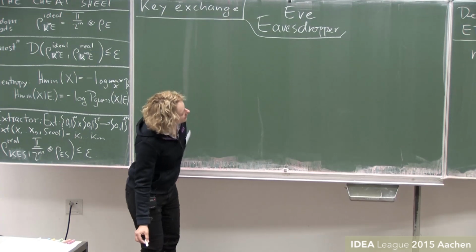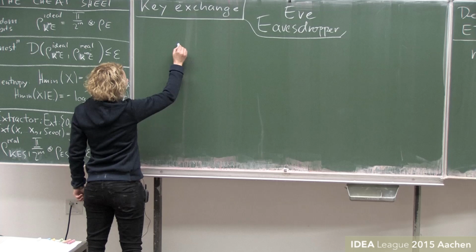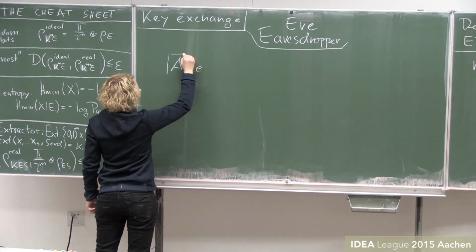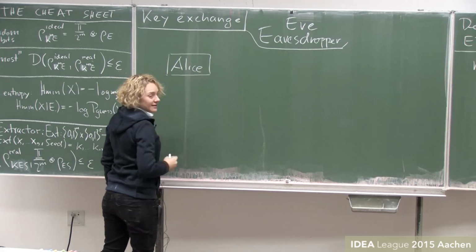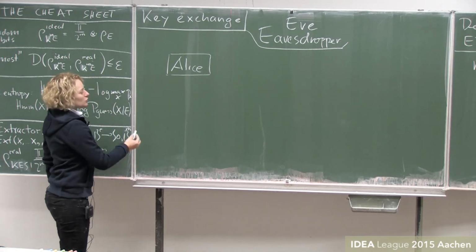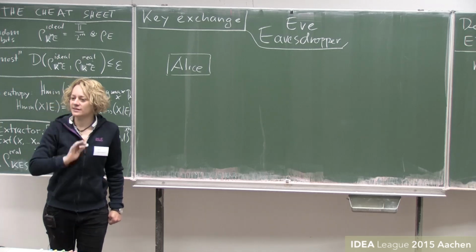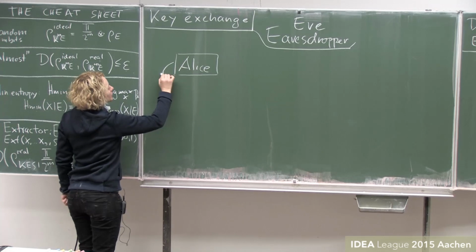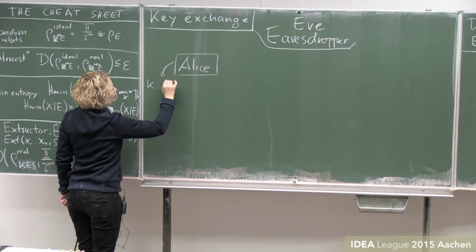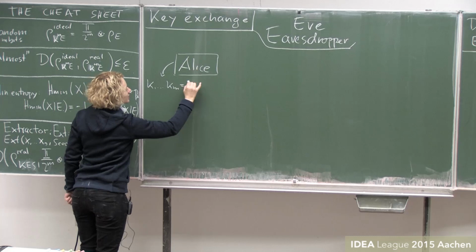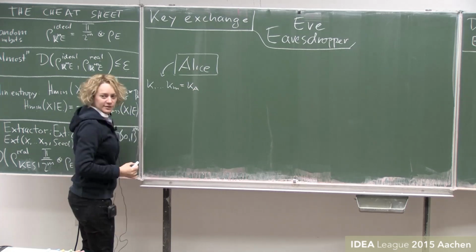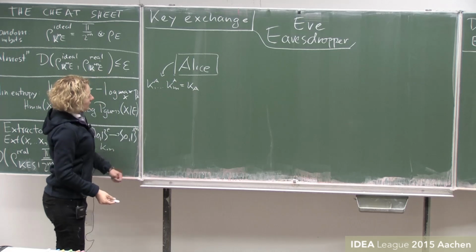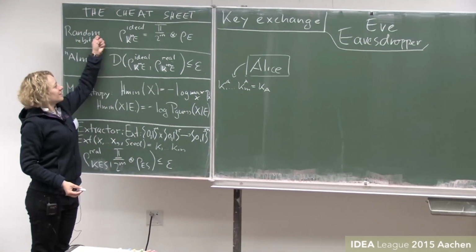To remind you what we had done yesterday, we had considered one party, Alice, and what Alice wanted to do is to produce some random bits. Alice's goal was to produce some random bits, k1 up to km. I'll call this k Alice. This is what Alice produces. And what we had wanted is this situation here.